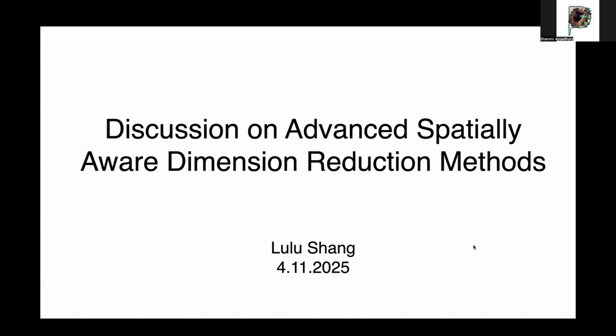So today we have Dr. Lulu Shan, who's going to introduce the topic and also use one of her methods that she has developed, and then we're going to follow this up with a panel discussion with experts from the field who can talk about this topic. So without further ado, I'm just going to hand it over to Dr. Lulu Shan.